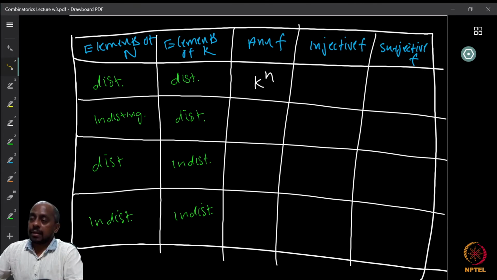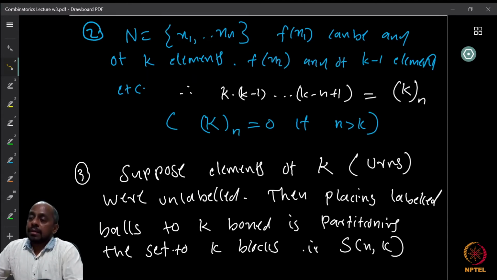Now let us look at the next entry. Next entry means that, in the same row, the second entry, which is the injective f. F must be injective. So then what can we say? Let us say that n is the set x1, x2, etc., xn. If you take the first element, f of x1 can be any of the k elements.